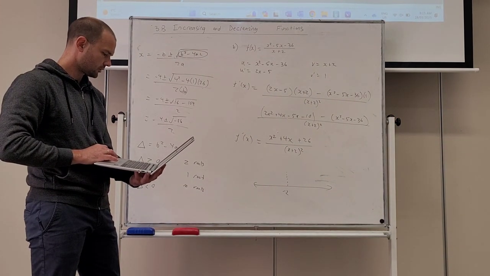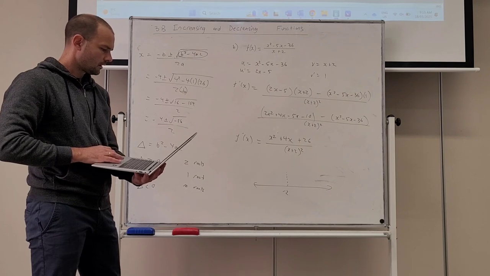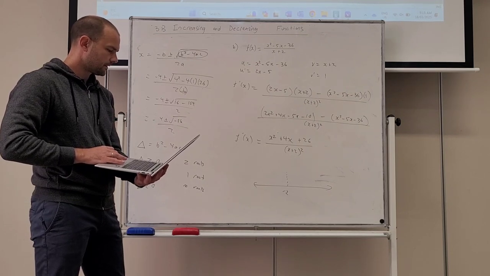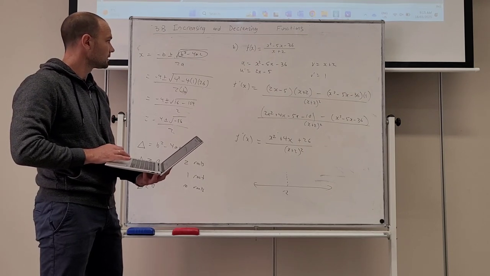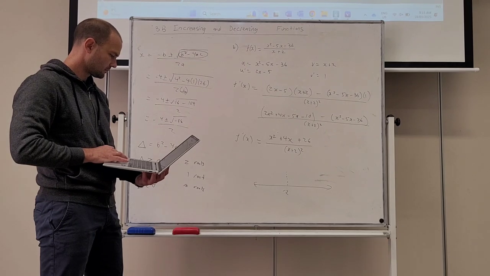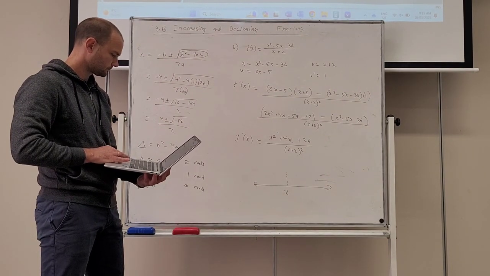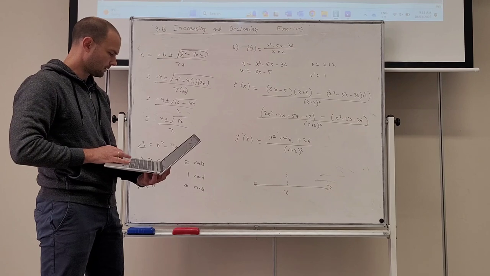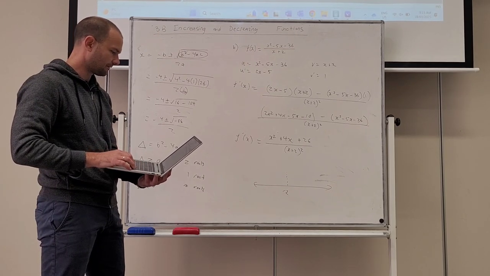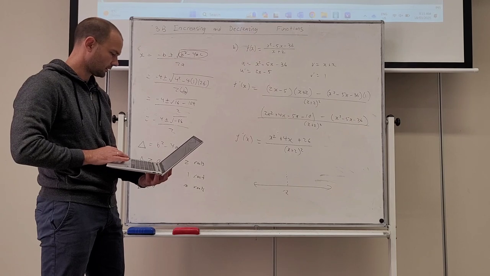So that's the first function. Now, you can type the derivative function in as well, which is x squared plus 4x plus 26, on top of (x plus 2) squared. And I'm going to show you here a way of checking if we've done some correct working as well.